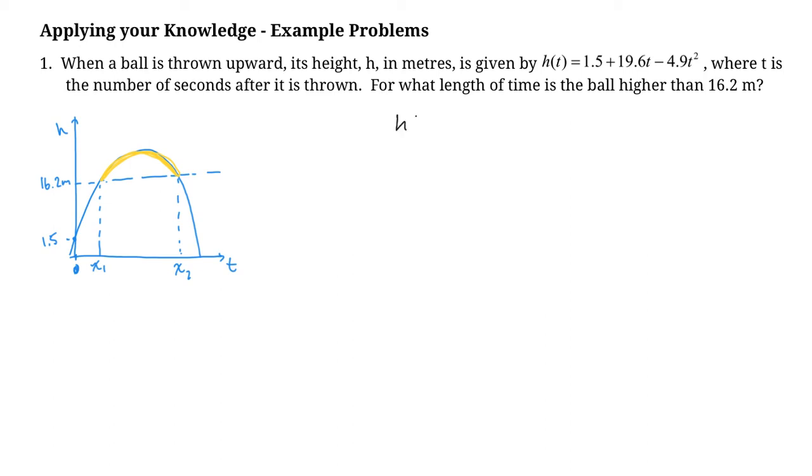So our equation is h is equal to 1.5 plus 19.6t minus 4.9t squared. And our height is 16.2, so we gotta put that into our equation because we're looking for the time when our height is equal to 16.2.